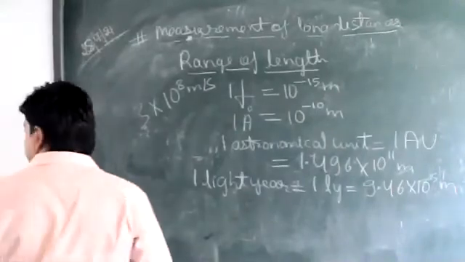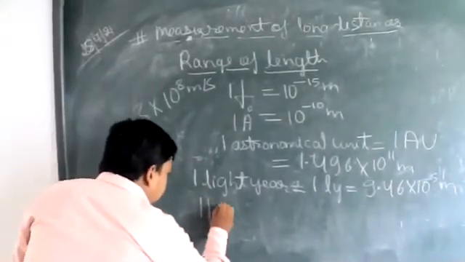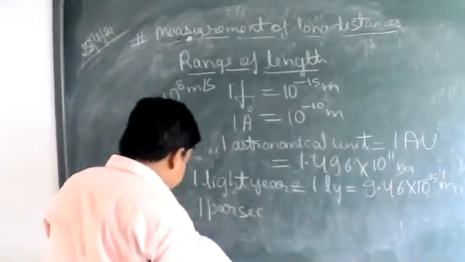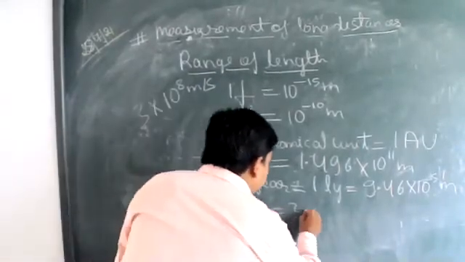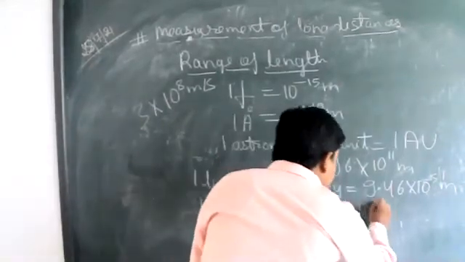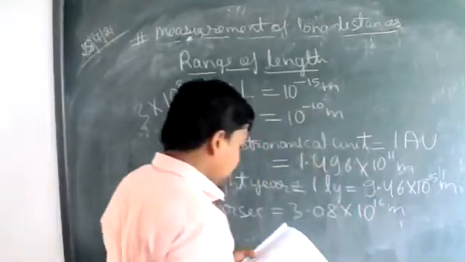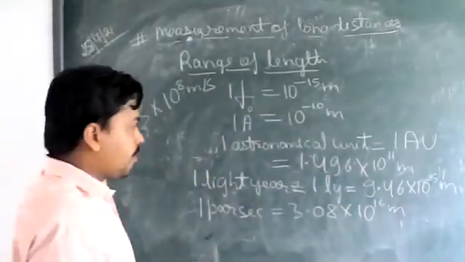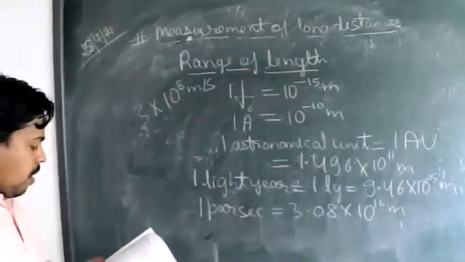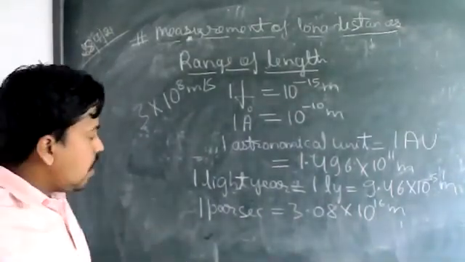Similarly, one very important unit is 1 parsec. How will you define 1 parsec? 1 parsec is equal to 3.08 into 10 to the power of 16 meters.